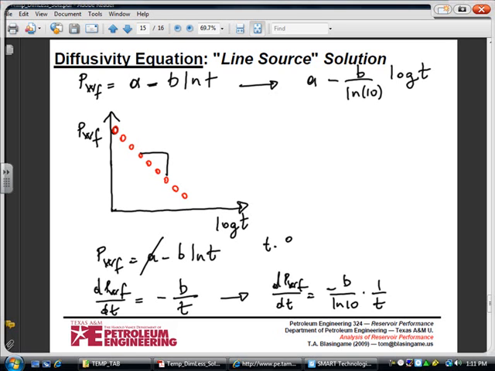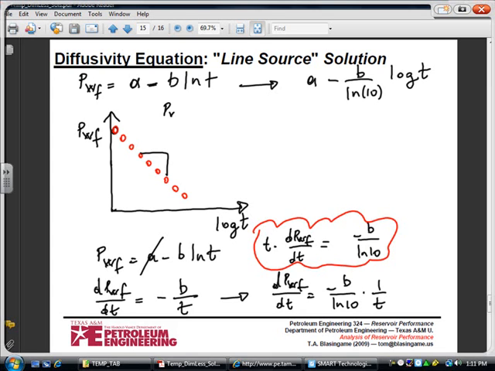It is equal to... So now you are looking at a very important result, because so this is the pressure versus time.